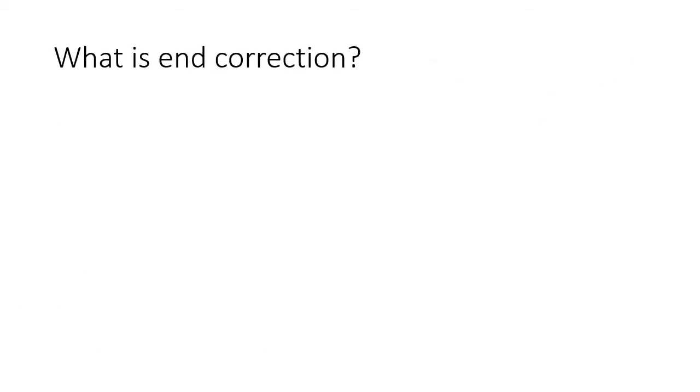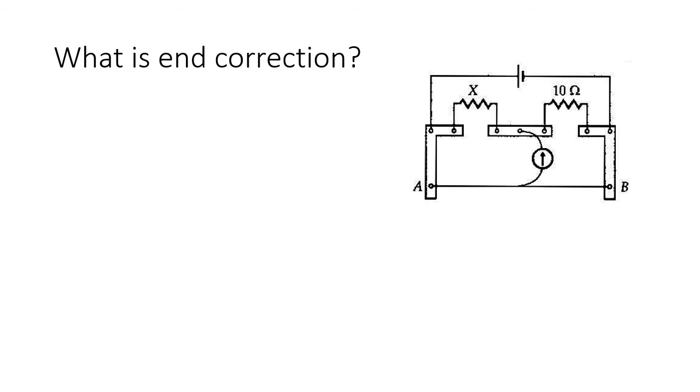So end correction, let us bring back this diagram that we have. Now as you can notice here, we have two ends A and B which have been considered over here, where we usually have knobs here. So this end A, as you can see here, this is a knob here. This knob is just like a nail.